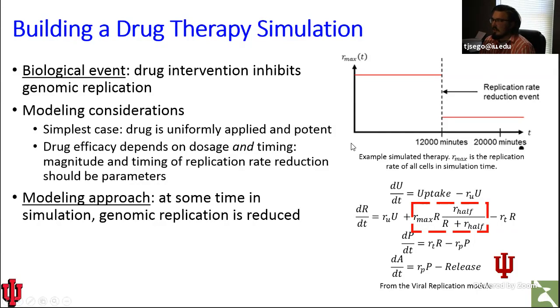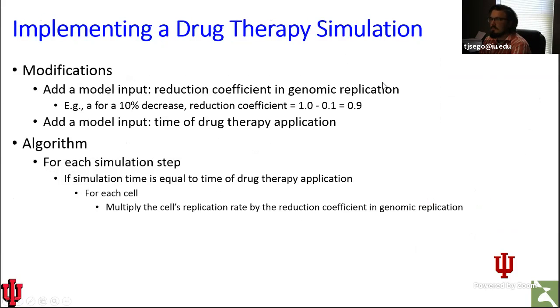So we will specify new model inputs that will specify the time in simulation that the intervention is applied, as well as the dosage, which we will describe as a reduction coefficient from the baseline parameter set. So this is an overview of what we're going to do.